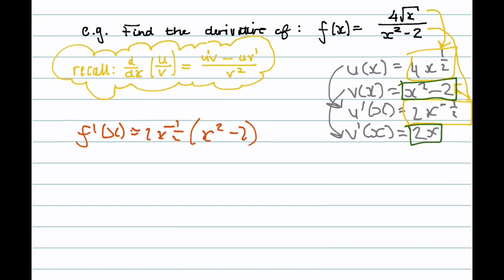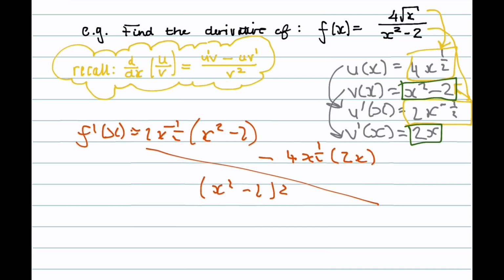I'm going to go to the next line here to finish my numerator of my quotient rule. So minus the derivative of the denominator times the numerator, so minus 4x to the half multiplied by 2x. And this will be all over the denominator squared, so all over x squared minus 2 squared.